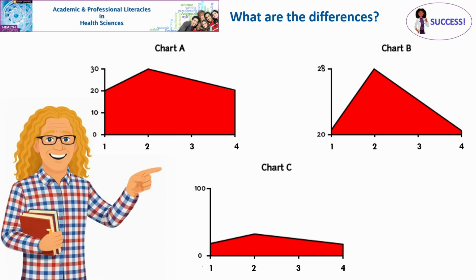However, if we think about the axes, the horizontal axes, okay, 1, 2, 3, 4, but the vertical axis, the left-hand column, is very different. The bottom one, chart C, the range is from 0 to 100. Whereas chart B is between 20 and 28.